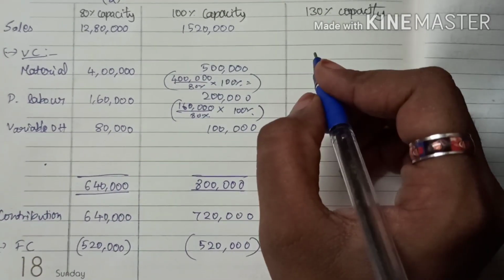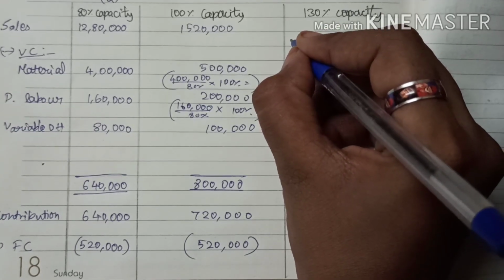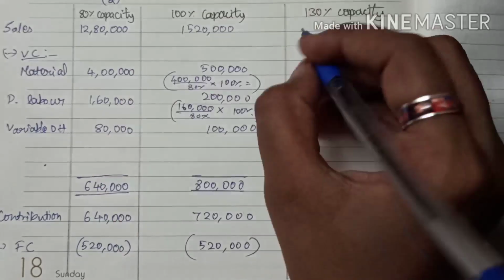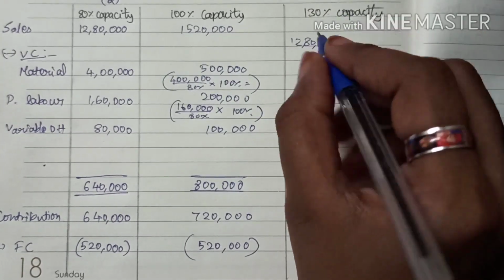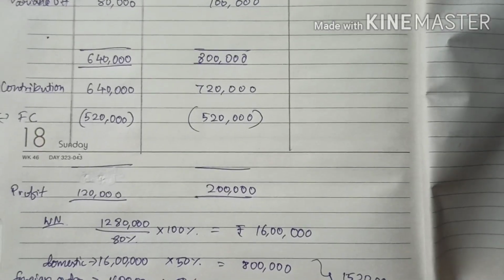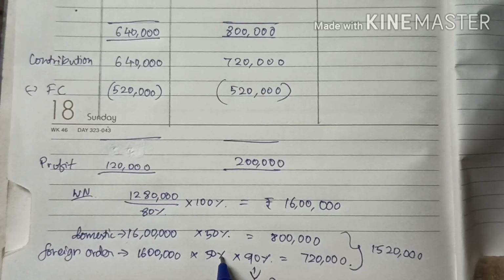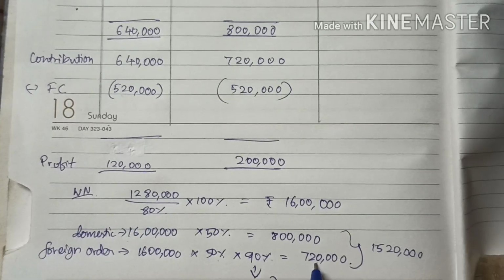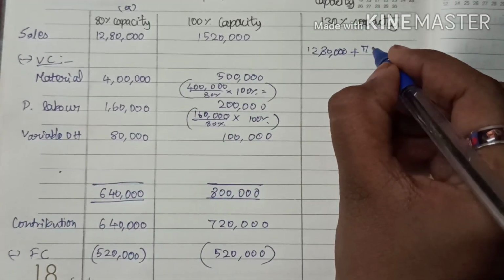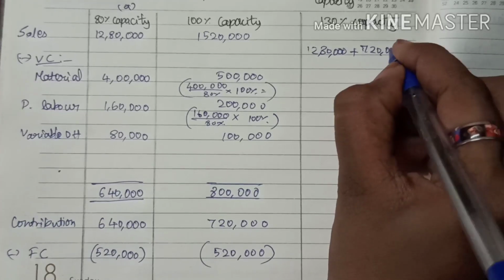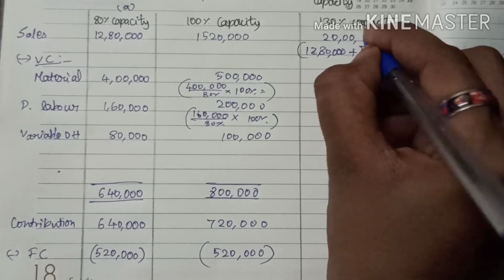See, as I told, for domestic sales we need the capacity of 80%, that is 12,80,000 rupees, and then 50%, that is for 50% capacity the sales will be 7,20,000. So you add here 7,20,000, and you will get 20 lakhs.